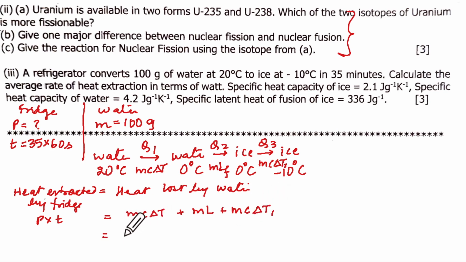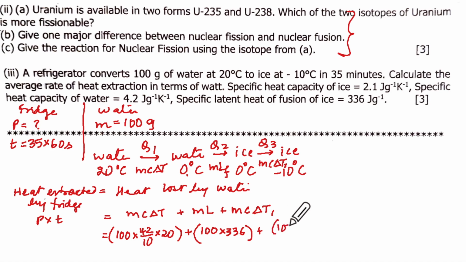Now MC delta T will be equal to 100 grams multiplied by C. I'm taking CGS, for water it is 4.2, so that is 42 upon 10, into what is the delta T? What is the delta T for water here? 20 to 0 means 20, correct? Put brackets for this. Here again mass 100 and latent heat of fusion is given as 336.